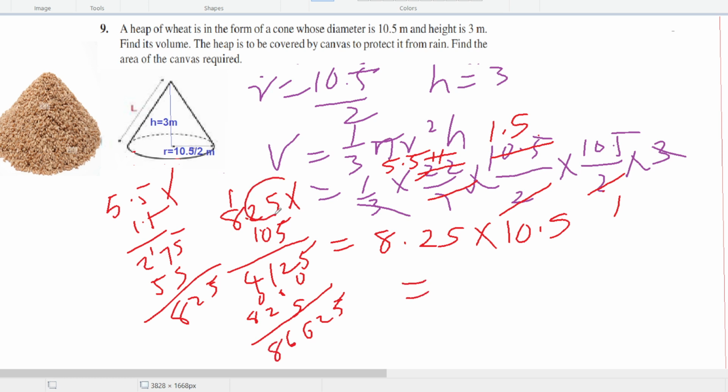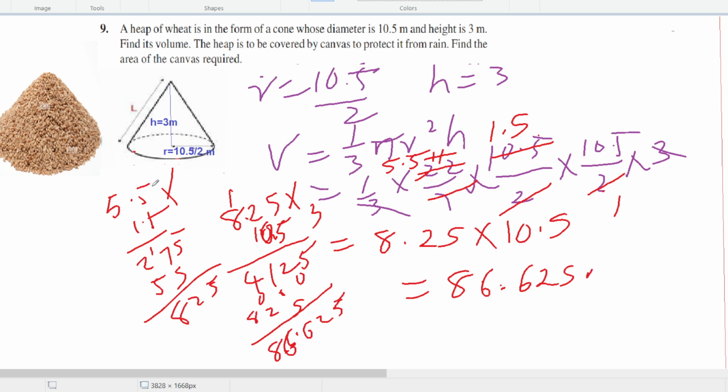In the question there are 2 digits after the decimal point here and 1 digit here. Sorry, it is 10.5, so in the question it is 3 digits after the decimal point. So the answer will be 86.625.